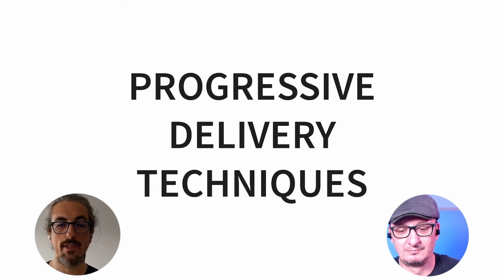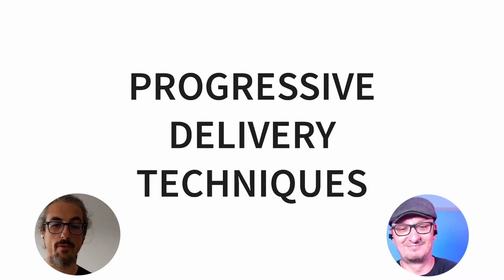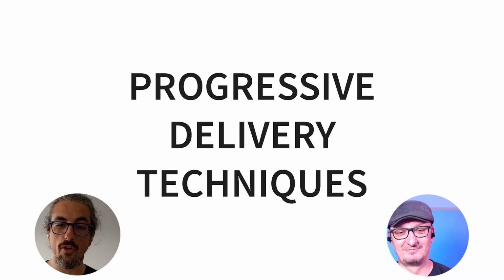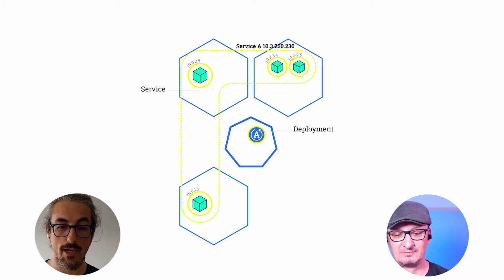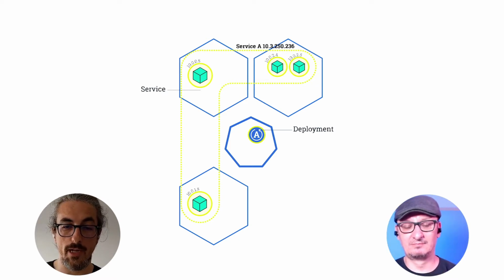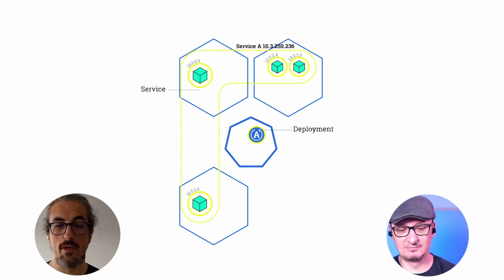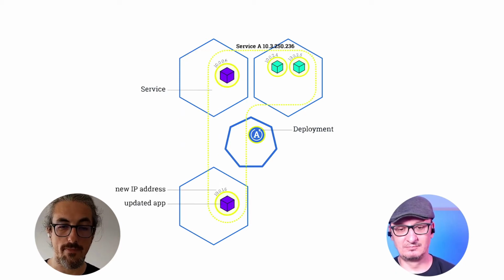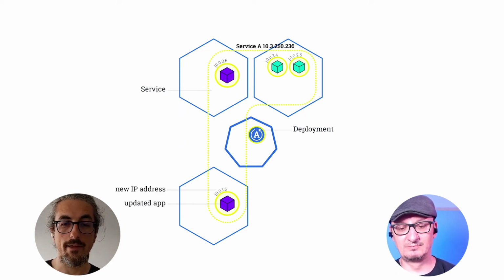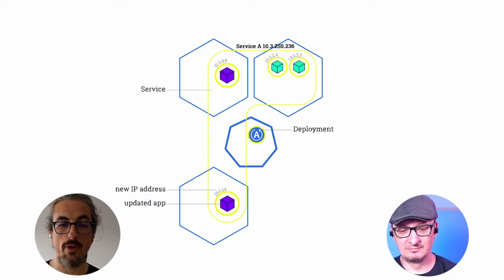So there's a number of techniques that you may have heard of. This is nothing new. So we have things like rolling updates. This is something that you could have done with virtual machines. You can do it very easily in Kubernetes with containers, with pods. And basically it's just you have 10 pods running, and then you upgrade one to a new version.